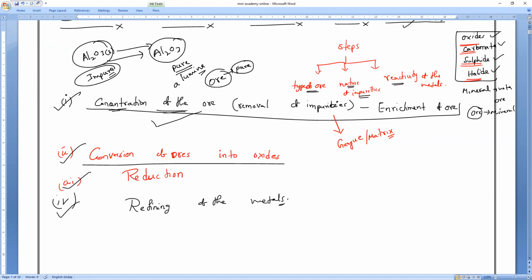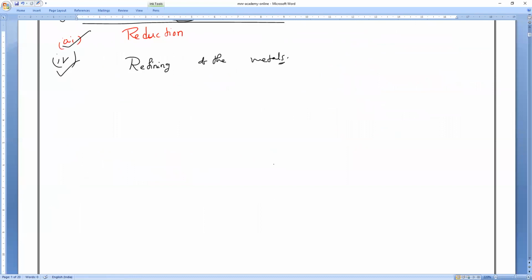Now the second step is conversion of ores into what, guys? Step two, write it. Now this process is very important. Many times they will ask you in the exam: conversion of the ore into oxides. So what steps will we follow?